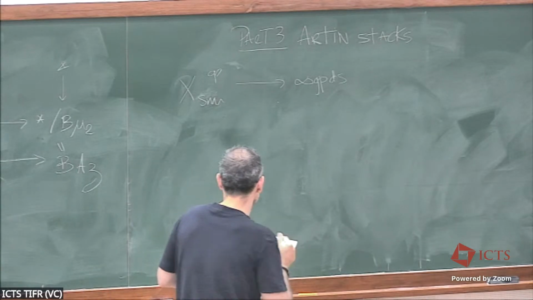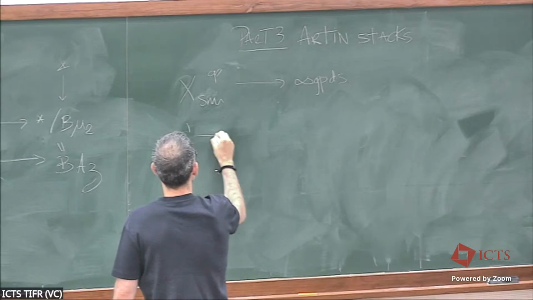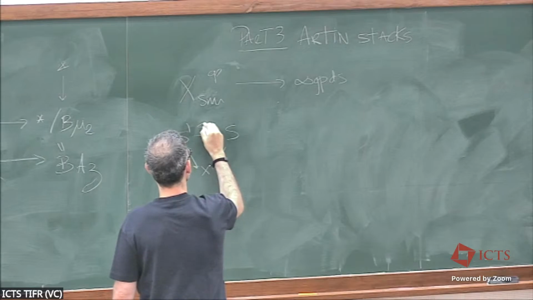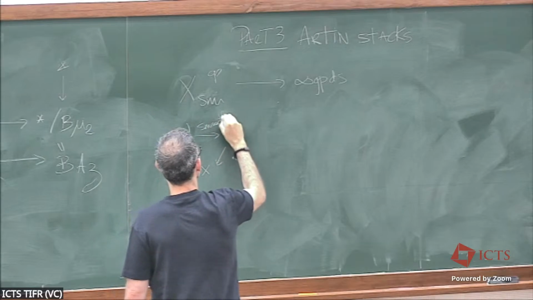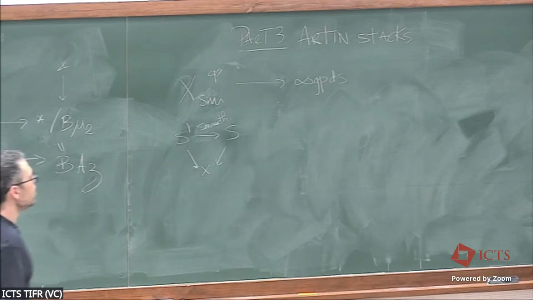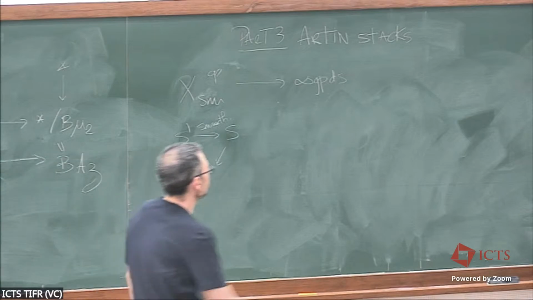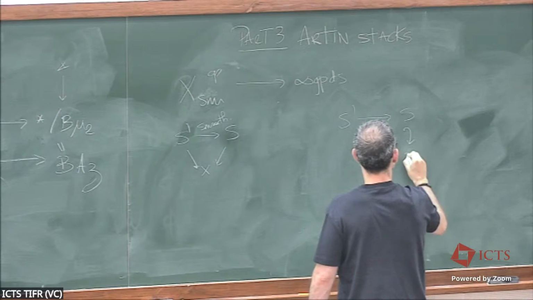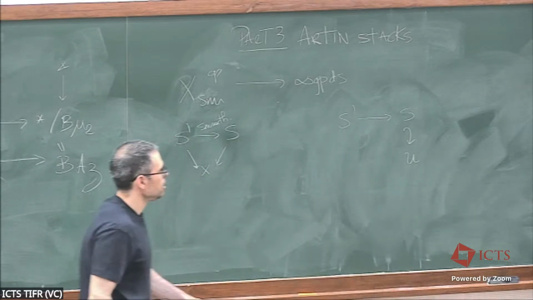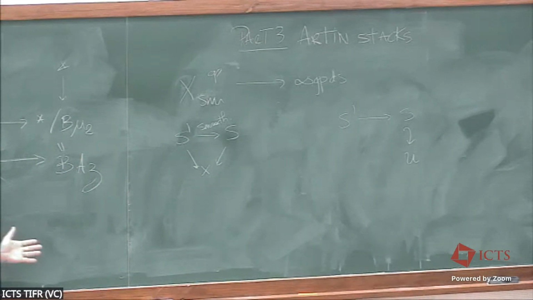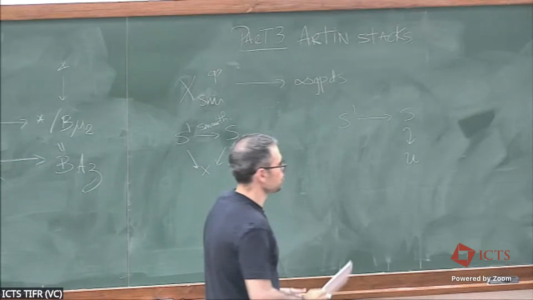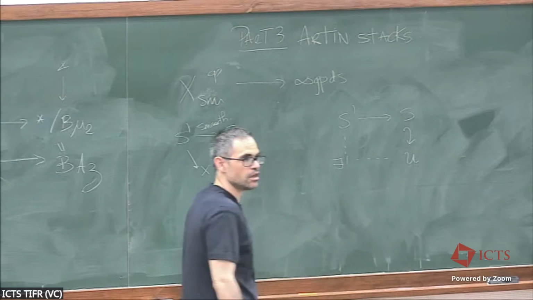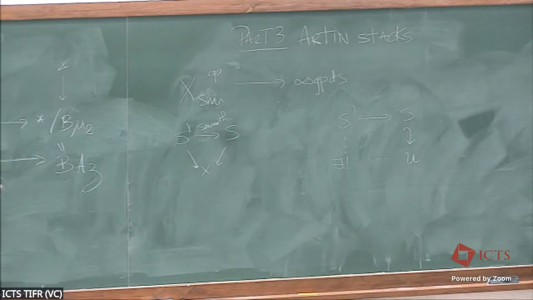But you see that if I have something like this, where everything is smooth, and if I have a local chart on S, I can no longer use the nil invariance of the étale side to say that there exists a unique thing here that will complete the diagram.